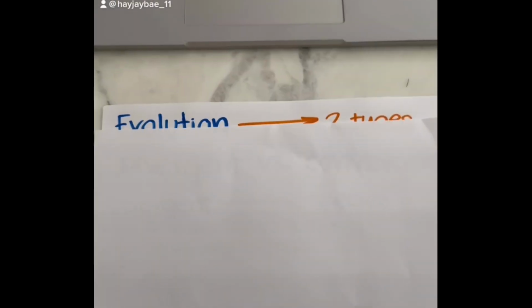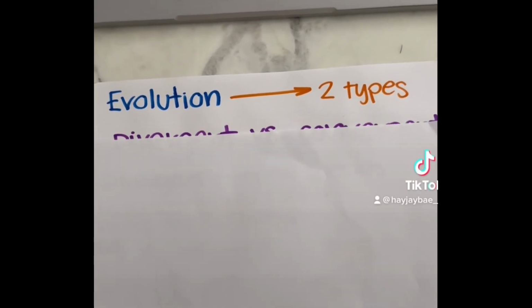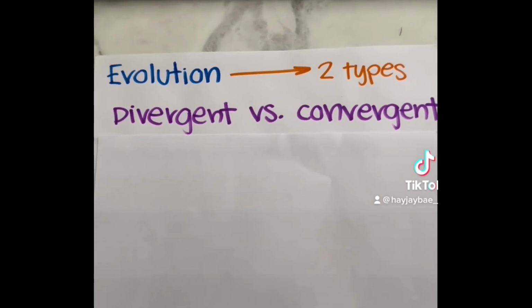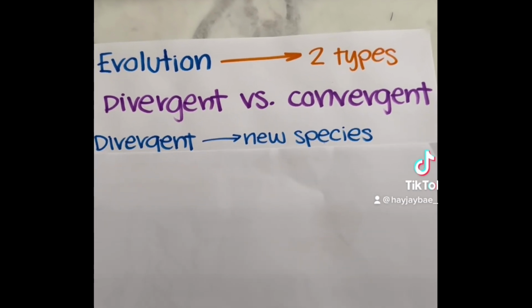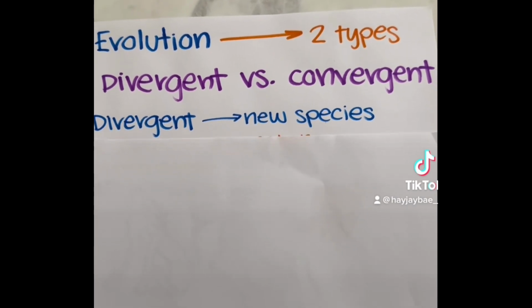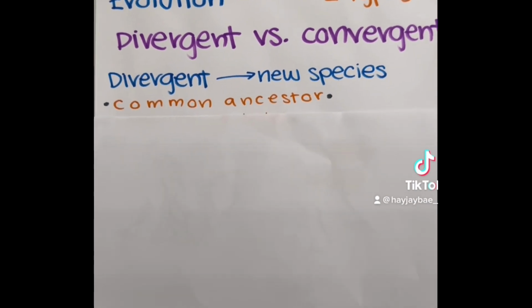The next topic is the different types of evolution. There are two types of evolution: divergent and convergent evolution. Divergent evolution is getting new species. This is because of a common ancestor. And also there are homologous traits shared between them.